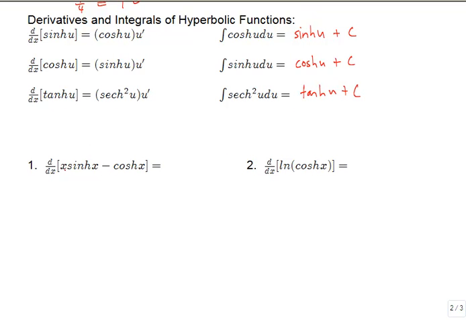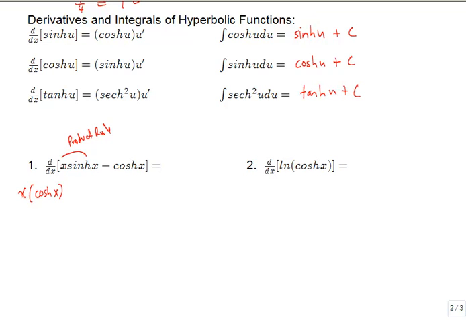What's the derivative of x hyperbolic sine of x minus hyperbolic cosine of x? So to take this derivative, remember that this is an x times hyperbolic sine of x. So you must use a product rule right here. So we're going to do the first times the derivative of the second. Derivative of sinh is cosh. So this is going to be cosh of x.